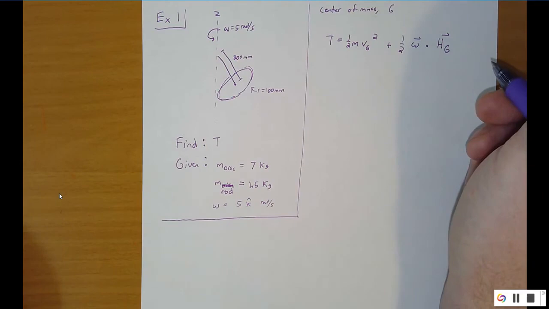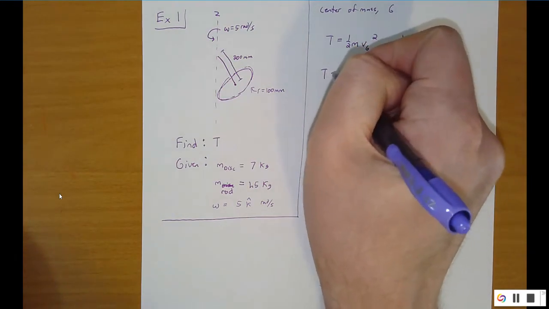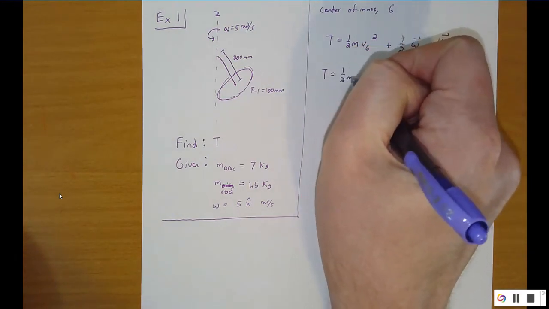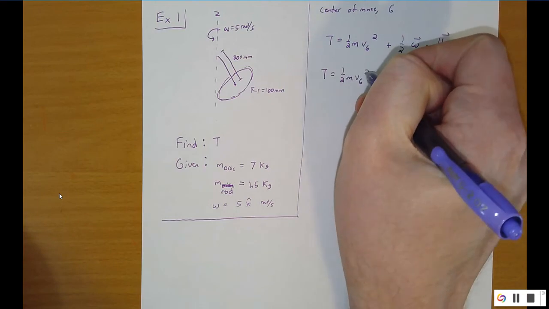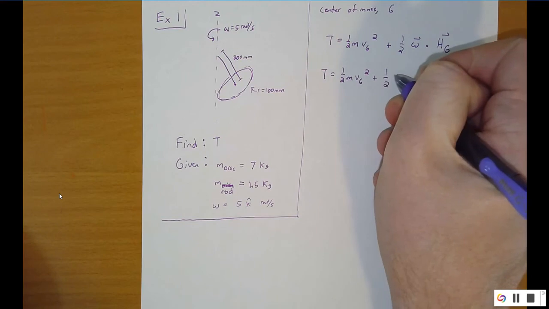If we choose axes that are principal axes, x, y, and z, basically making our products of inertia go to 0, then we can simplify this even further: 1/2 m v_G squared plus, in more traditional form, 1/2 I omega squared.